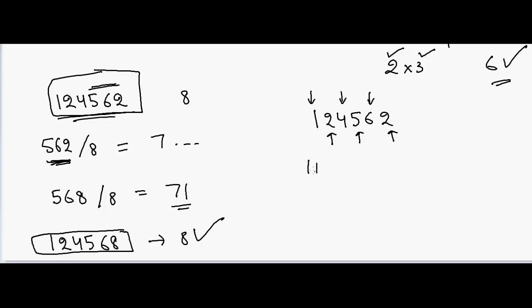So 1 plus 4 plus 6, that's 11, and then 2 plus 5 plus 2, that's 9. If I subtract 9 from 11, that gives me 2, and 2 is not divisible by 11, so this number should not be divisible by 11.